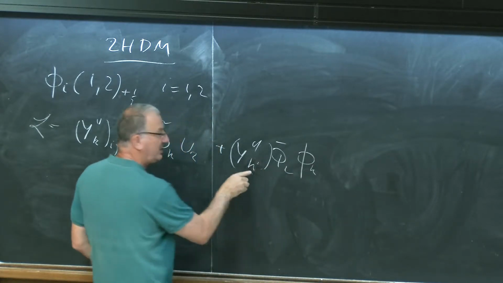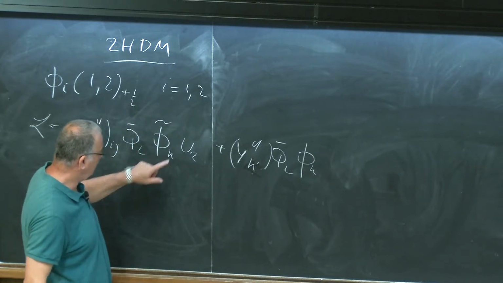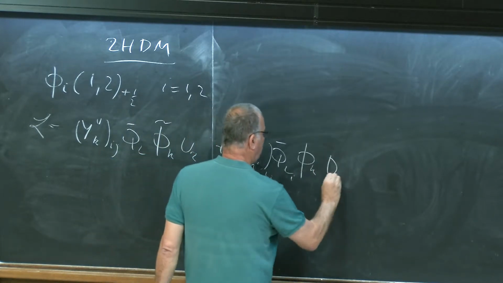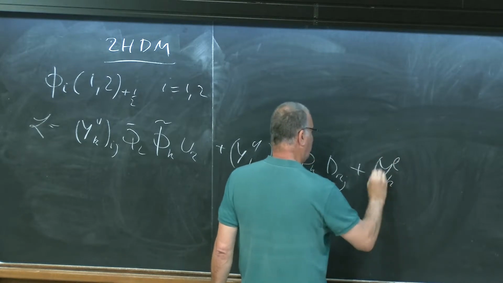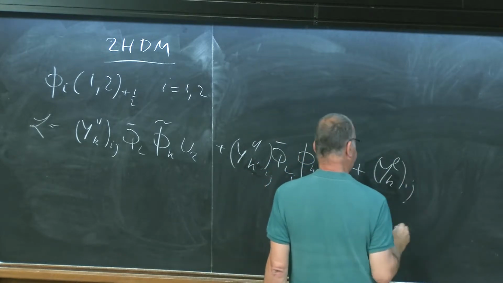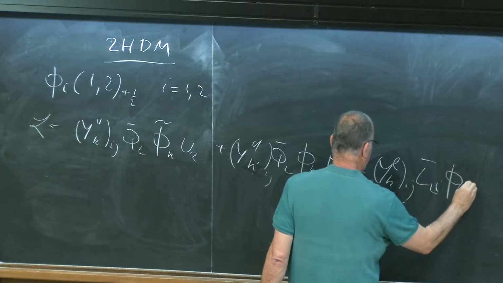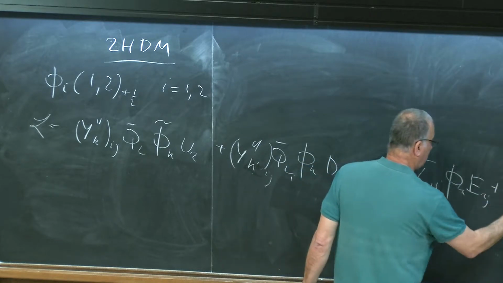Here there is an extra index k for which of the two Higgs doublets it is.